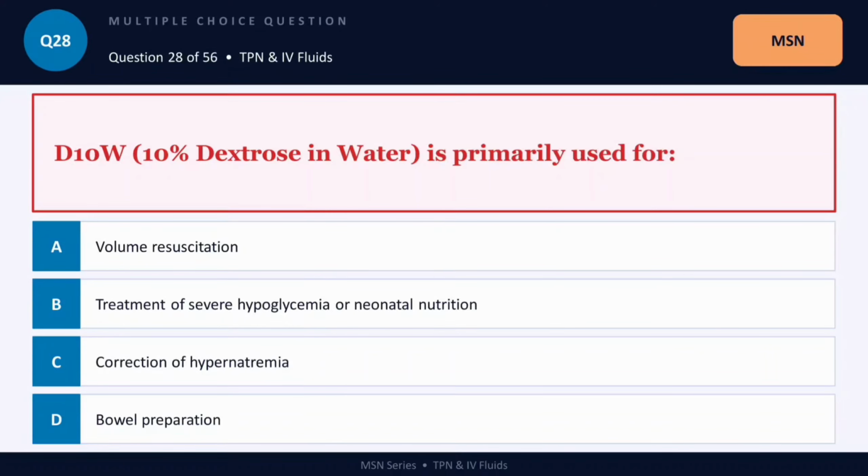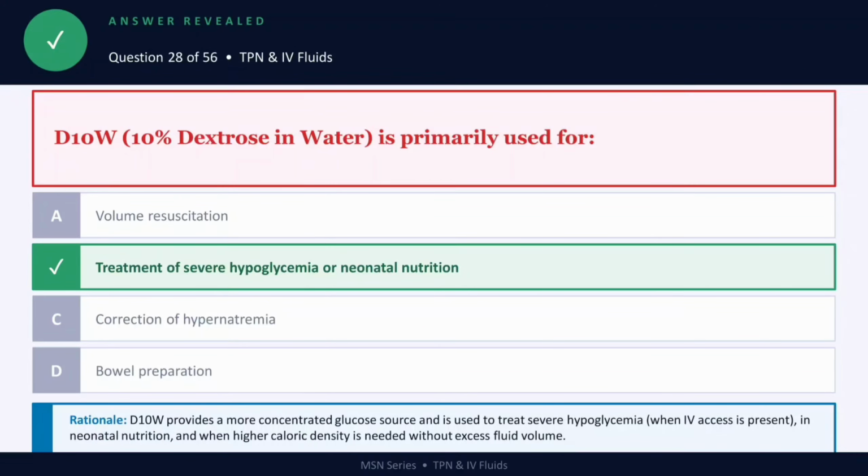The correct answer is option B, treatment of severe hypoglycemia or neonatal nutrition. Rationale: dextrose 10% in water provides a more concentrated glucose source and is used to treat severe hypoglycemia, in neonatal nutrition, and when higher caloric density is needed without excess fluid volume.